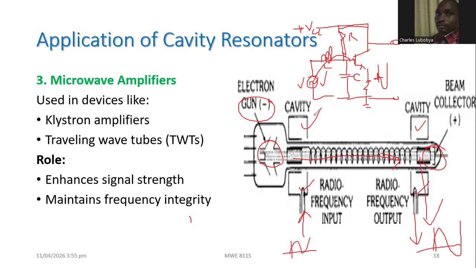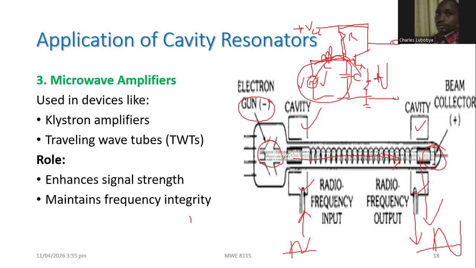So now in this case, the cavity resonators provide the inductor-capacitor part in terms of their design, through the cavities that are created there. And then for amplification, you need the cathode and the anode arrangement.